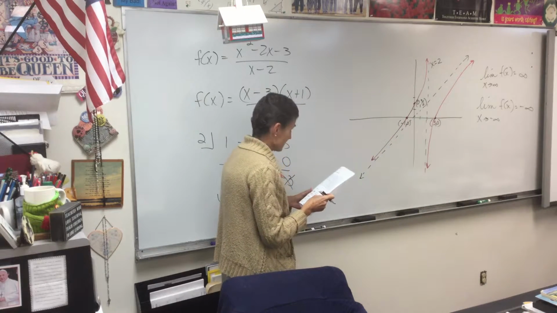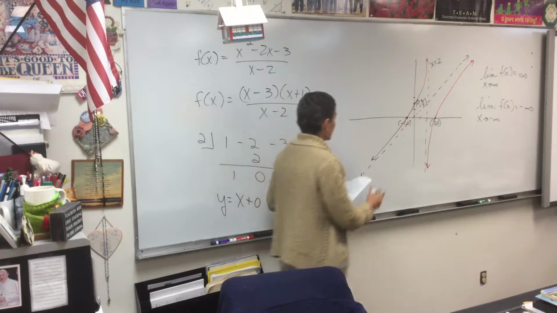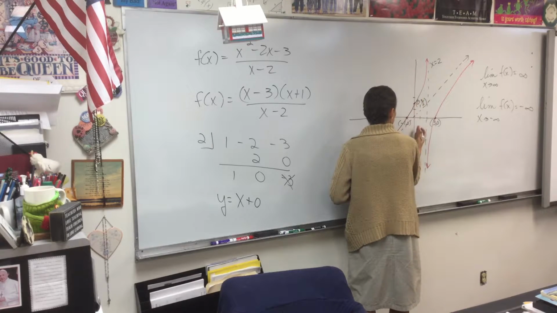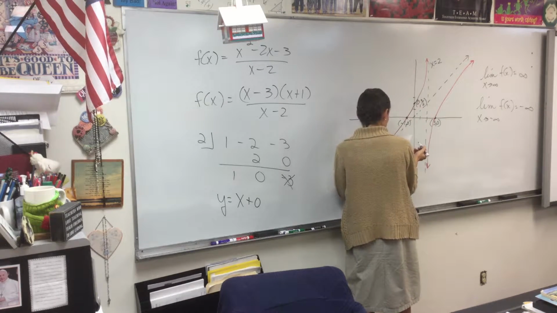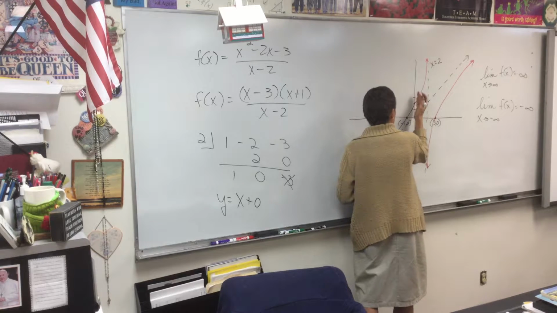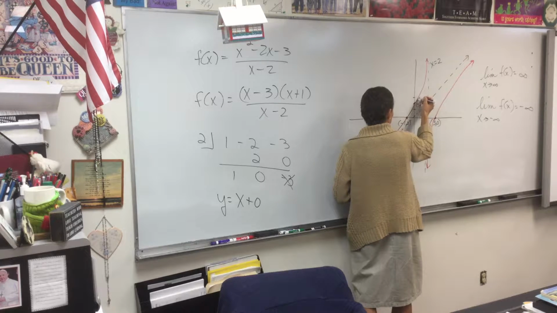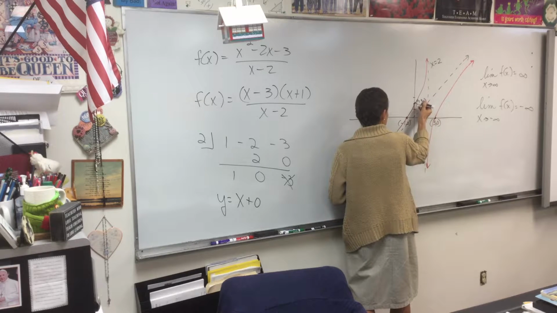Now, number 7 says, okay, now let's let x approach 0. Here's where x is 0. What happens to the red curve as we approach 0 from the right? I'm approaching from the right.